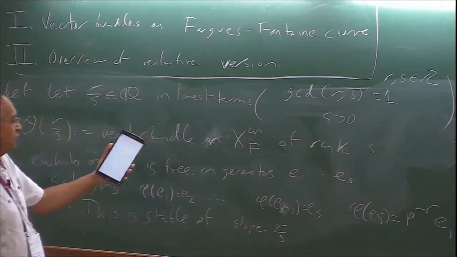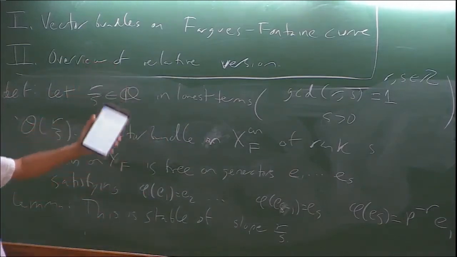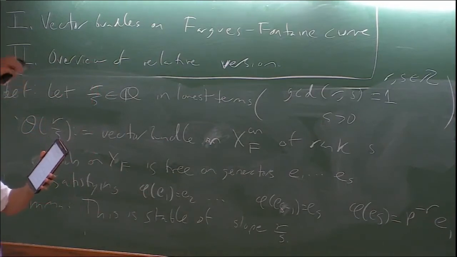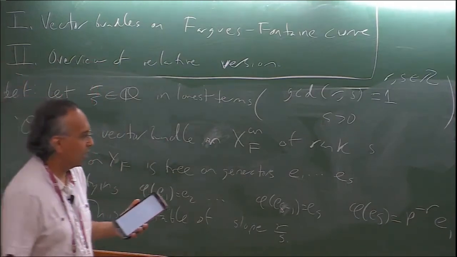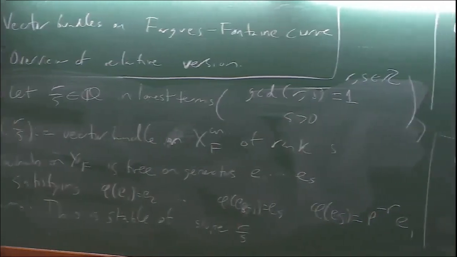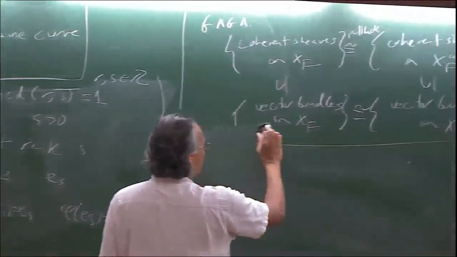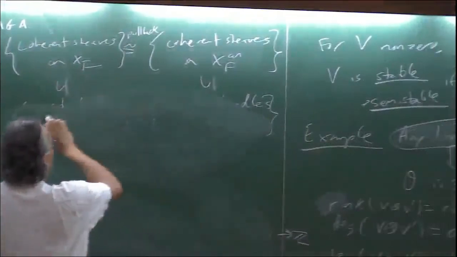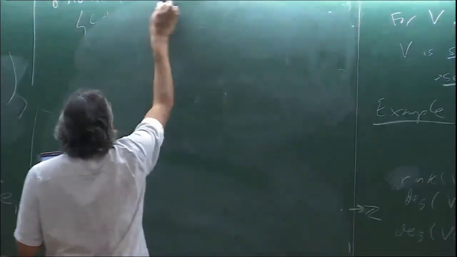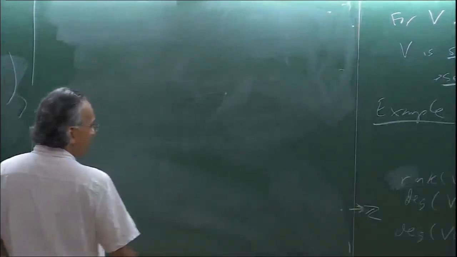If you do this in terms of the s-fold covering, then this just comes down to the fact that on that covering curve, O of r has slope r. Yes, stable.